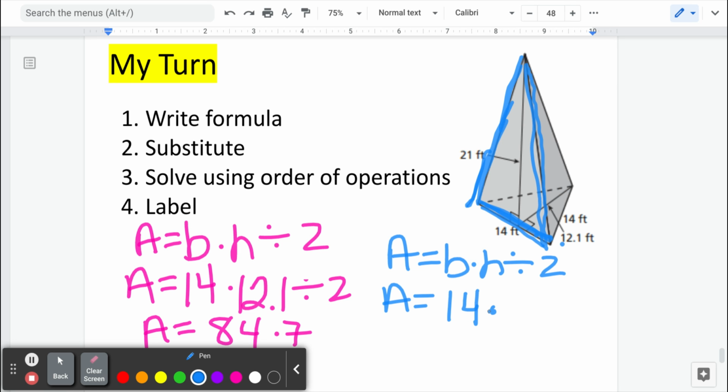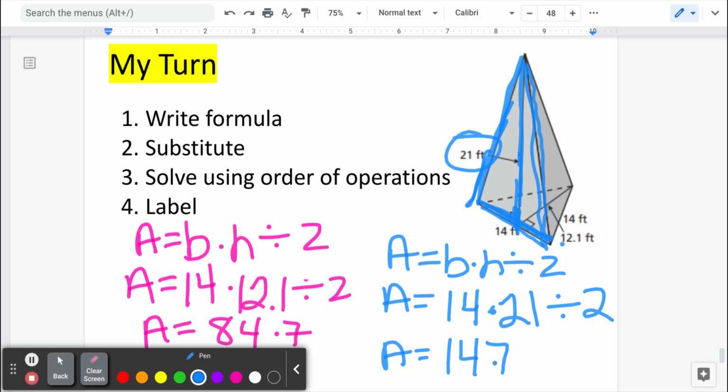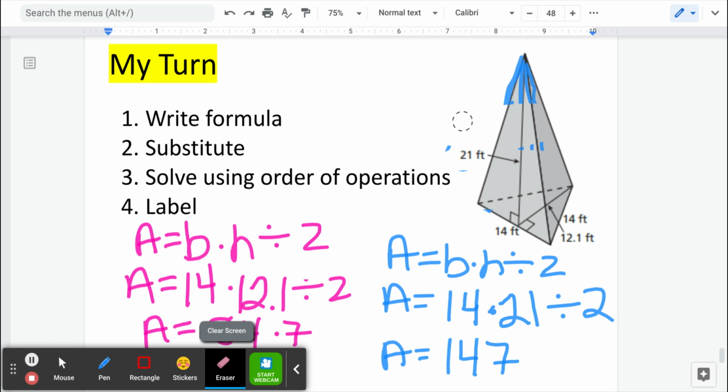However, the height is going from the center of the triangle up to the point, which is 21 divided by 2. So the area of the blue triangle is 14 times 21 divided by 2, 147. However, there are 3 of those triangles.